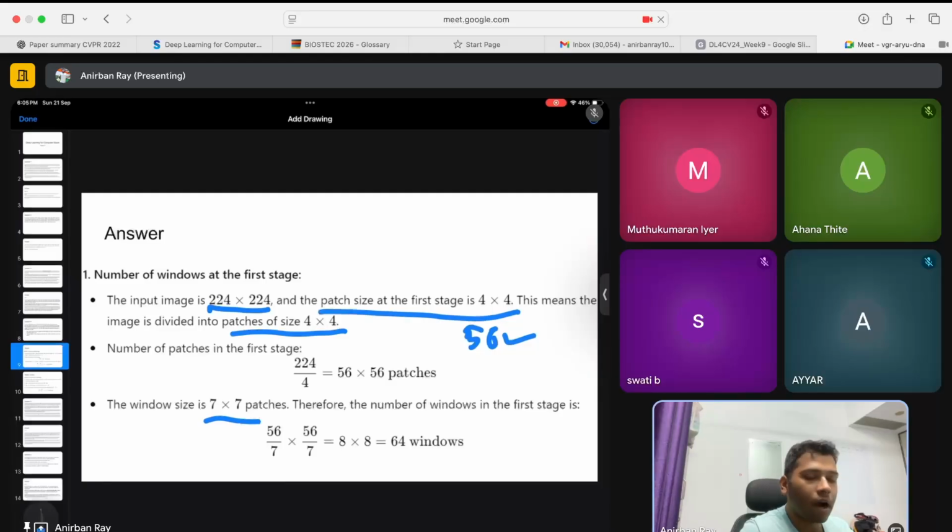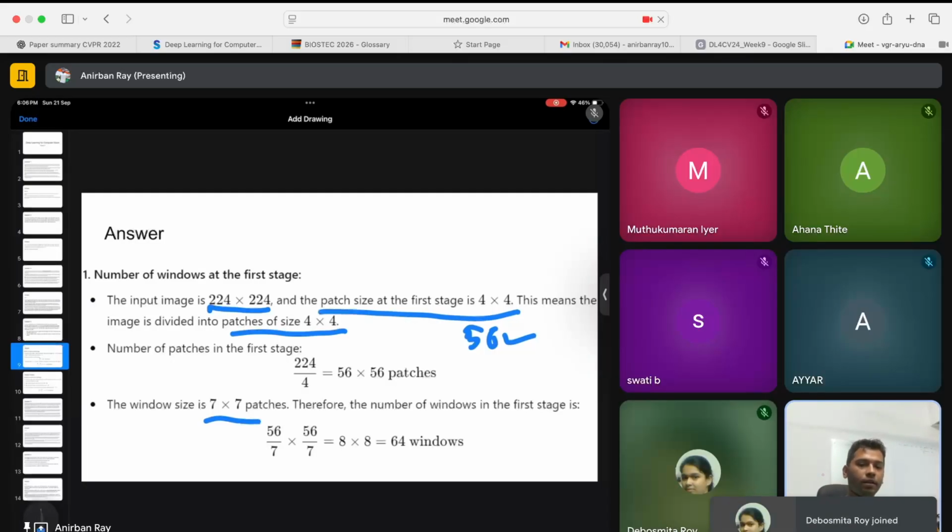Okay, so now the window size is 7 cross 7. So in each window how many patches are there? So in each window, there are 7 on each row. So it means 49 patches are there in each window.